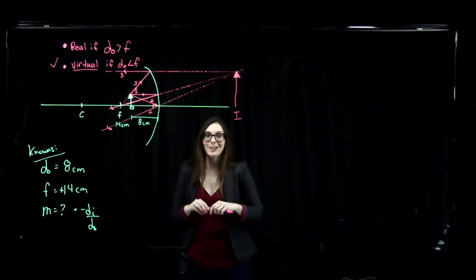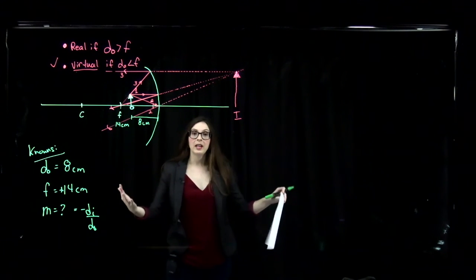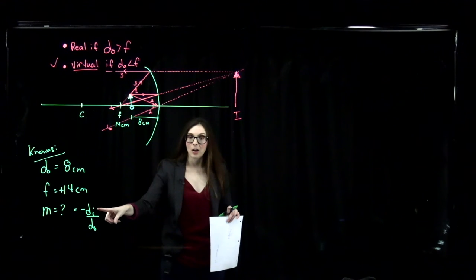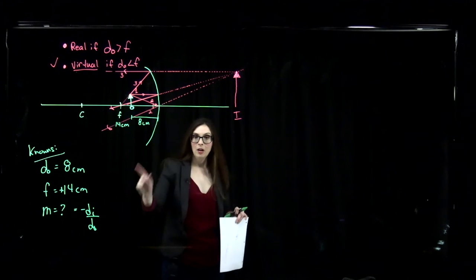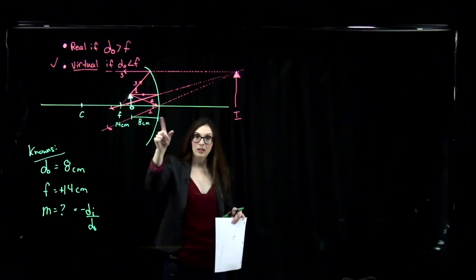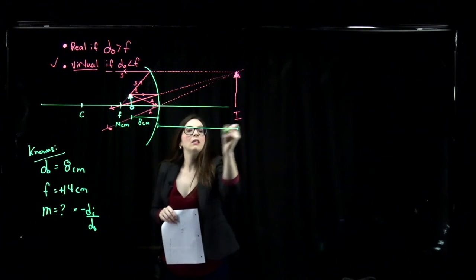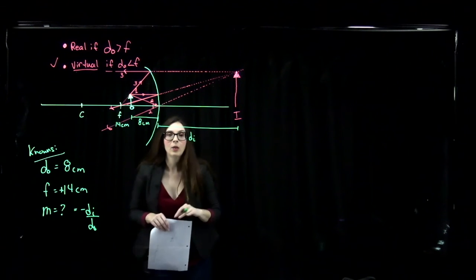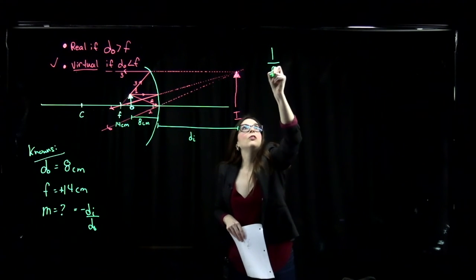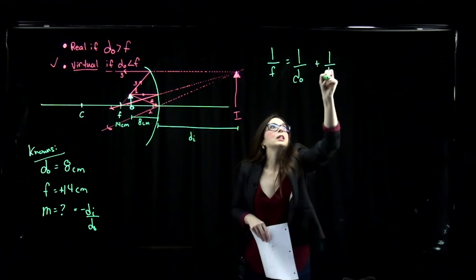So let's test that with the numerical calculations. To get at the magnification, we have to find the distance that our image is away from the mirror. We already know the distance our object is away from the mirror. That was a given. So now we have to find this distance right here. This is di. Okay, so I will use my thin lens equation. 1 over f equals 1 over do plus 1 over di.